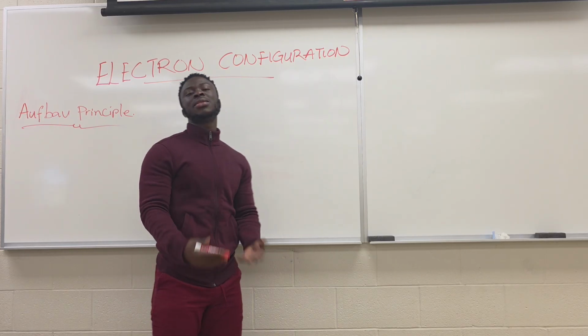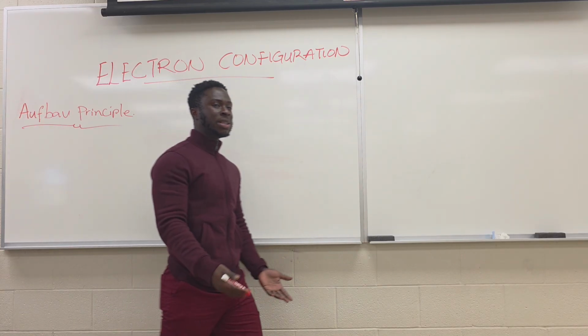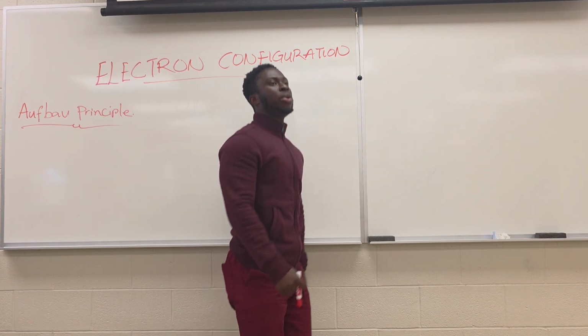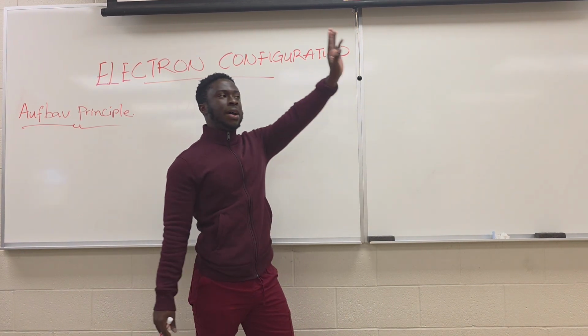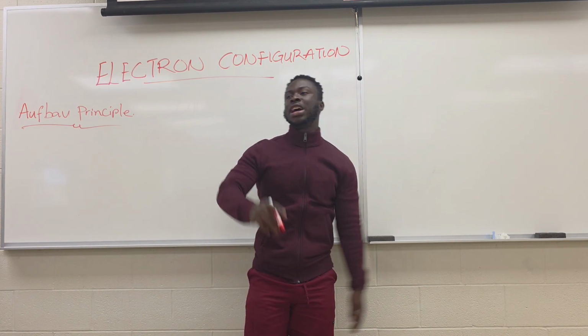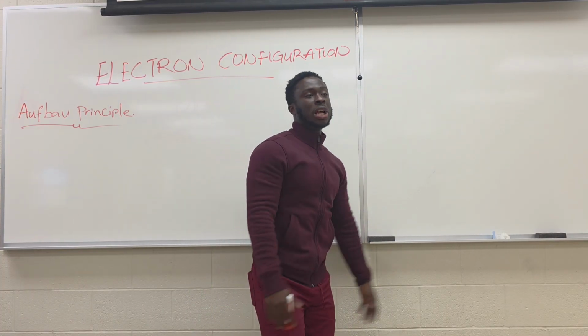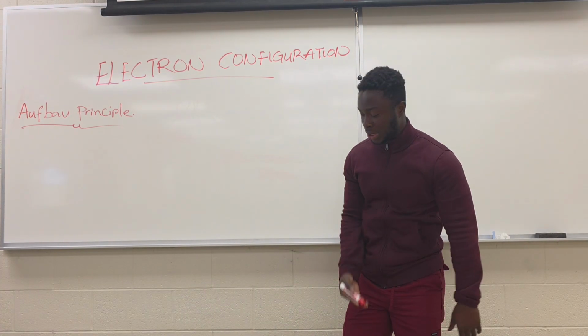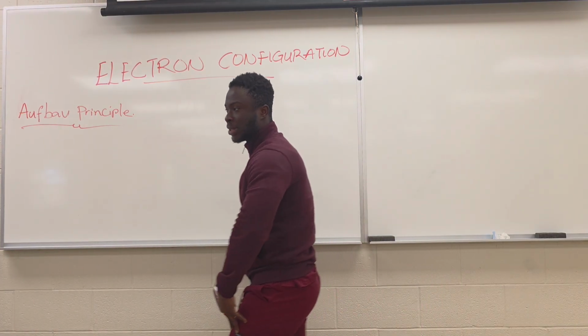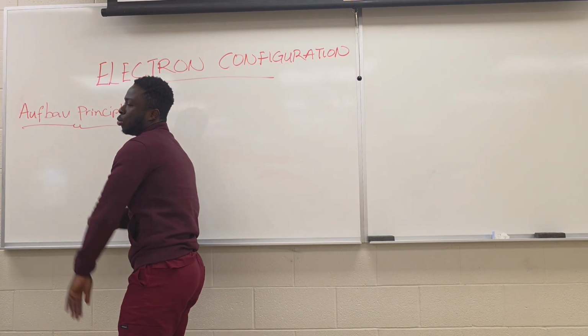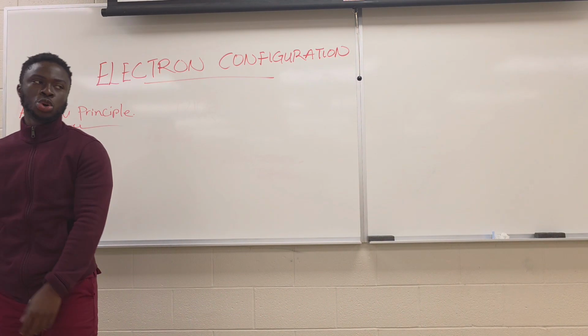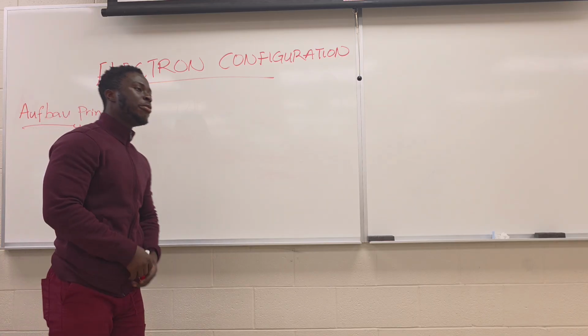You are climbing stairs, right? Assuming you are climbing stairs, you don't just jump to the 10th stair and then jump to the end of the stairs. Same way applies to electrons when you are filling them. You start at the first step, the second step, the third step. You build momentum gradually as you go on. So that is the Aufbau principle.